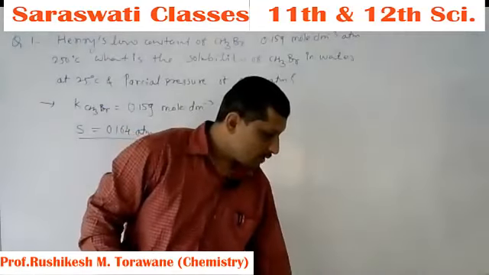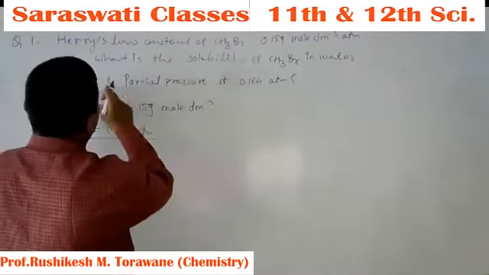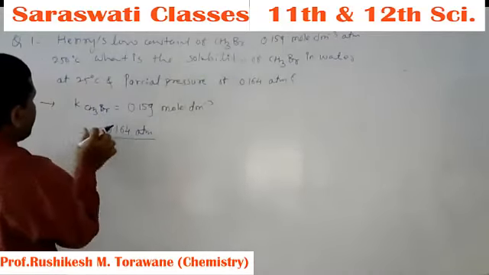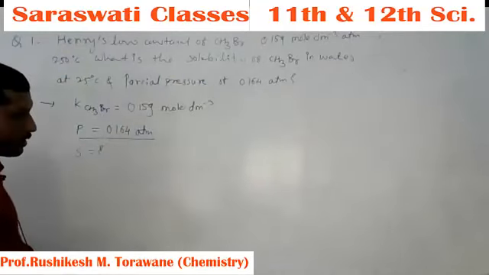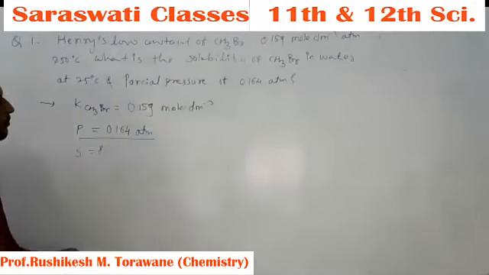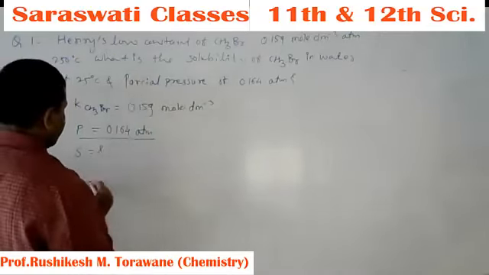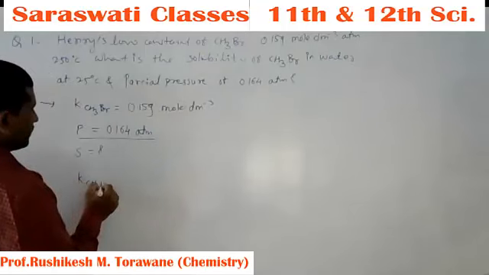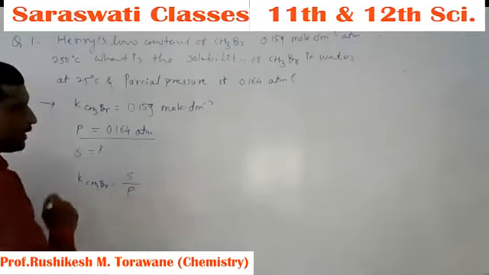Ask the solubility, sorry, here is partial pressure P, and calculate its solubility. You know the formula of solubility: the constant KCH3Br is equal to solubility over pressure.